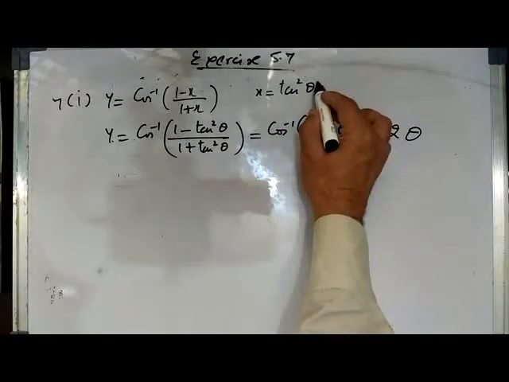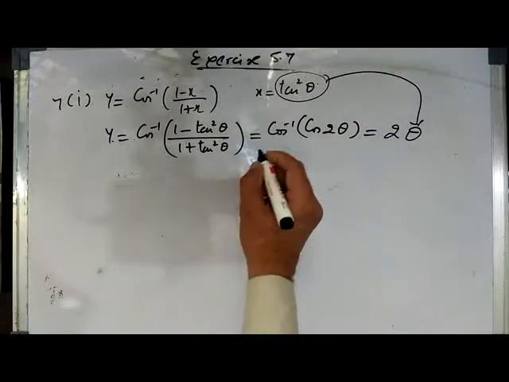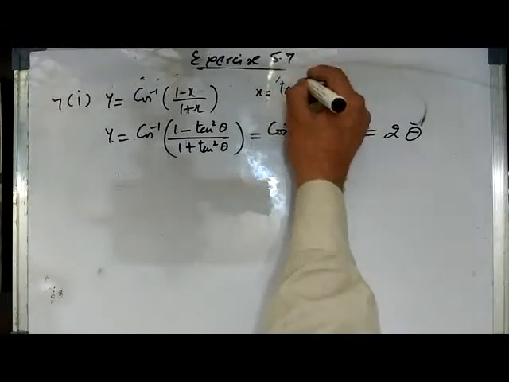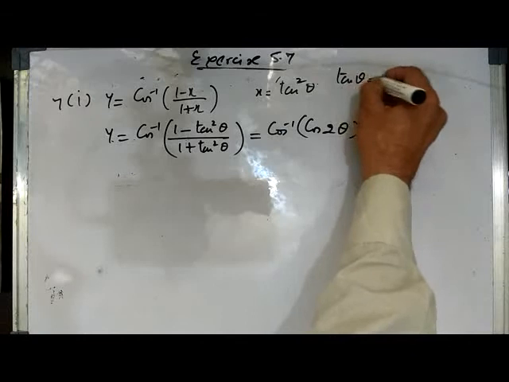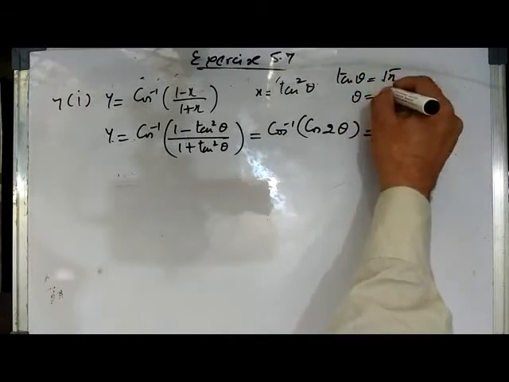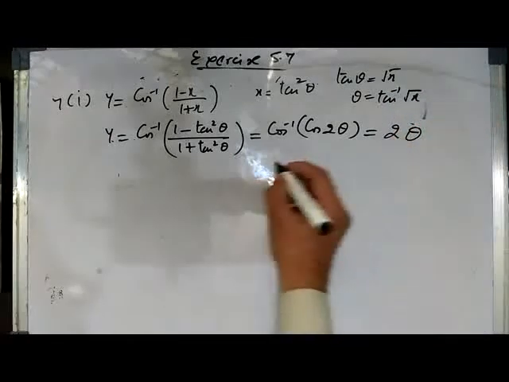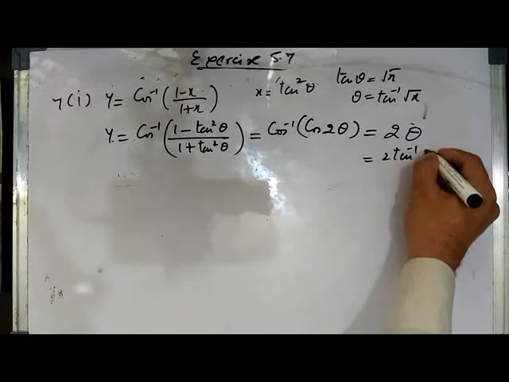But we have to bring theta in terms of x from here. tan theta is root x and theta is tan inverse root x. So you may write here 2 tan inverse root x.